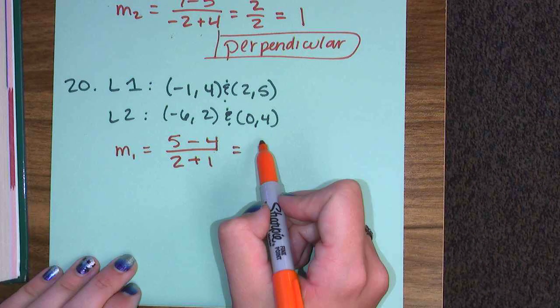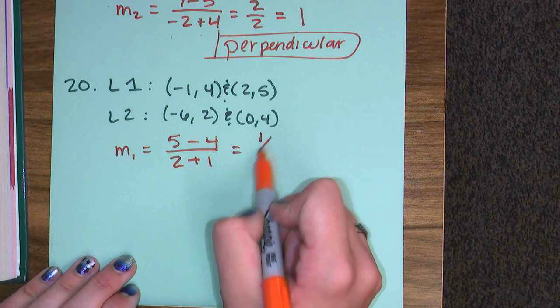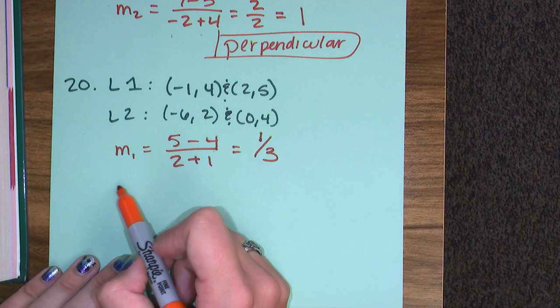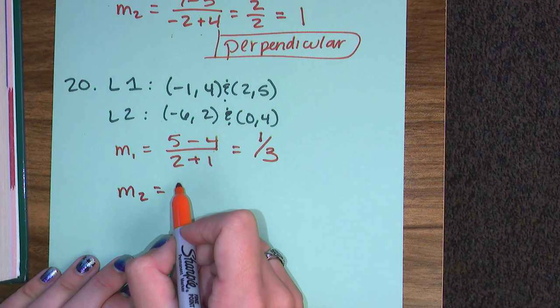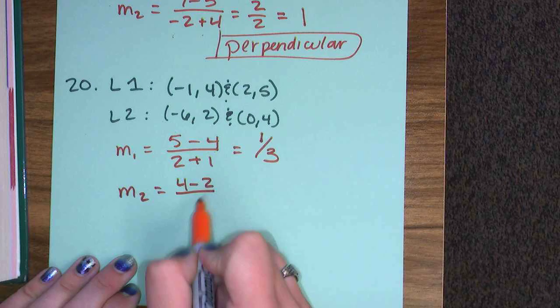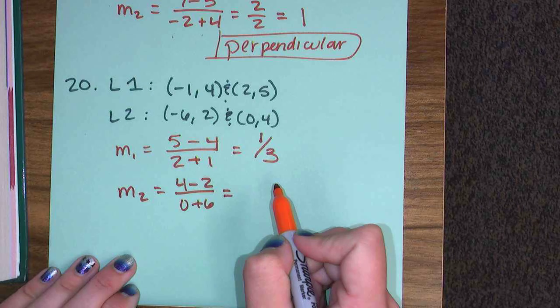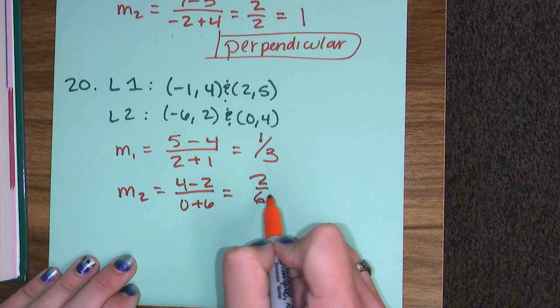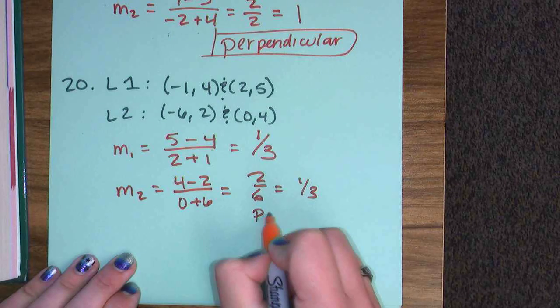That gives me what? And my slope of 2? Okay, so same slopes here, so parallel.